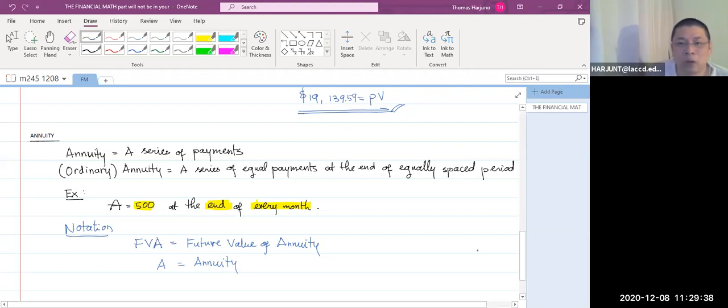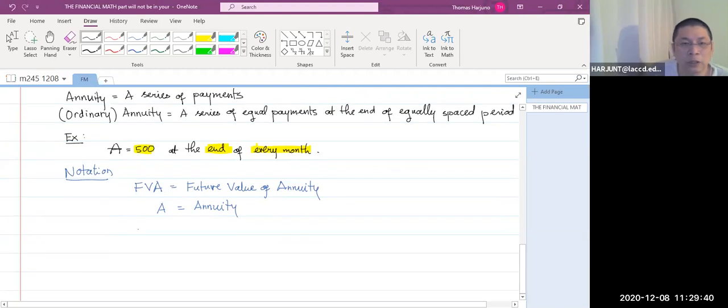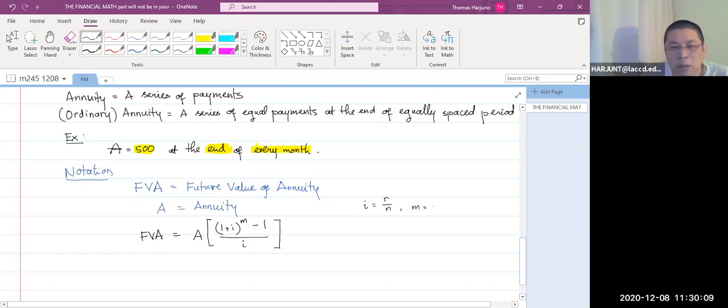Now the rest follows the same notation. Future value of annuity equals the annuity times (1 plus i to the m, minus 1) over i. Again, where i is the periodical interest and m is the total number of periods over time, t years. Now, that is the formula.